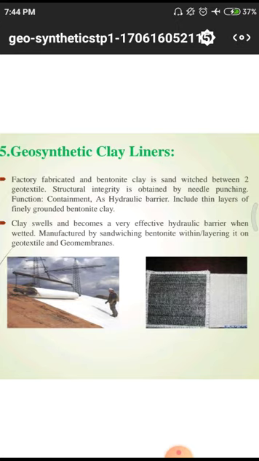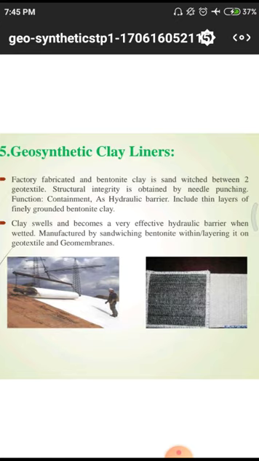Likewise here also those materials are simply sandwiched between the geotextiles, and structural integrity is obtained by needle punching, and containment as well as hydraulic barrier, including these thin layers of finely grained bentonite clay.